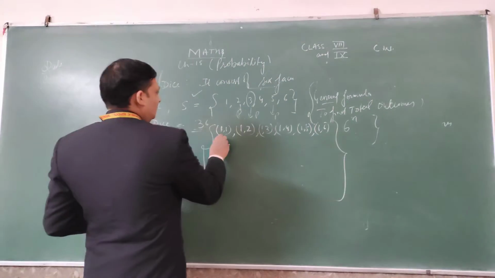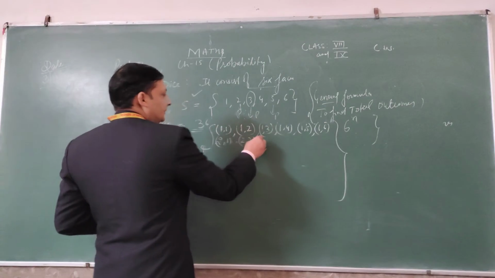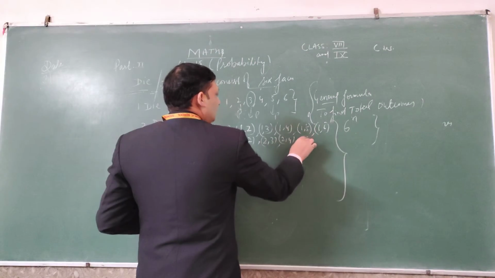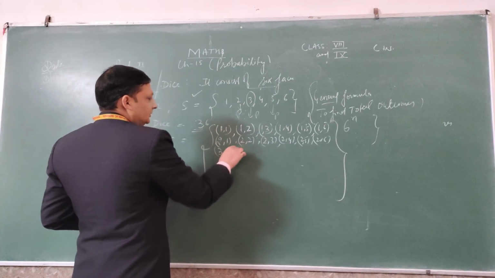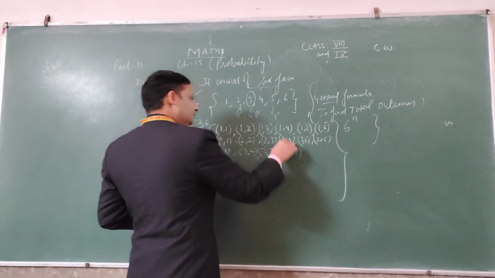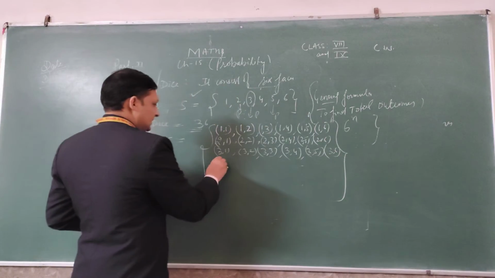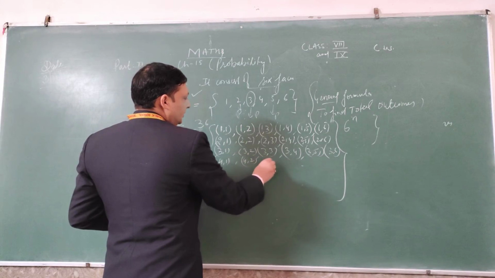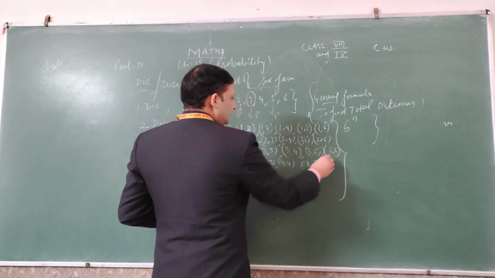Now in the second row I will keep 2 constant and change the second face: (2,1), (2,2), (2,3), (2,4), (2,5), (2,6). Then (3,1), (3,2), (3,3), (3,4), (3,5), (3,6). Then 4 can come on the first face: (4,1), (4,2), (4,3), (4,4), (4,5), (4,6).